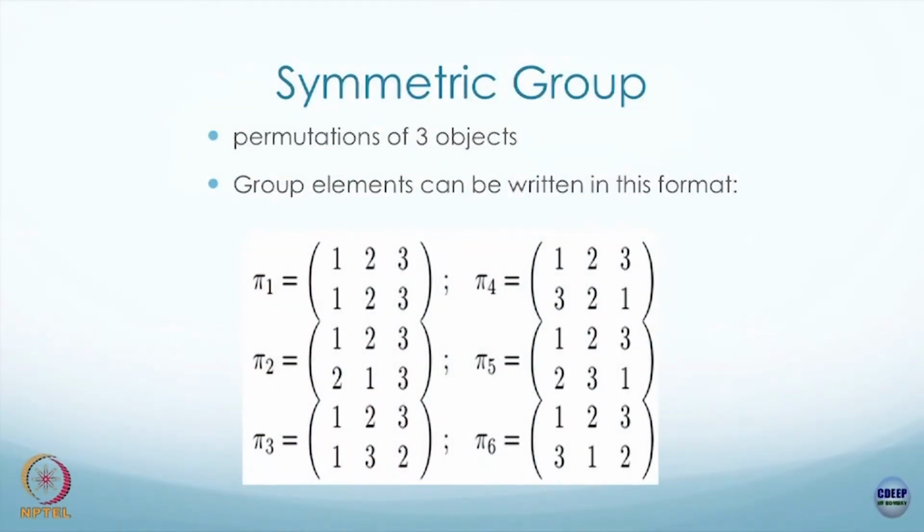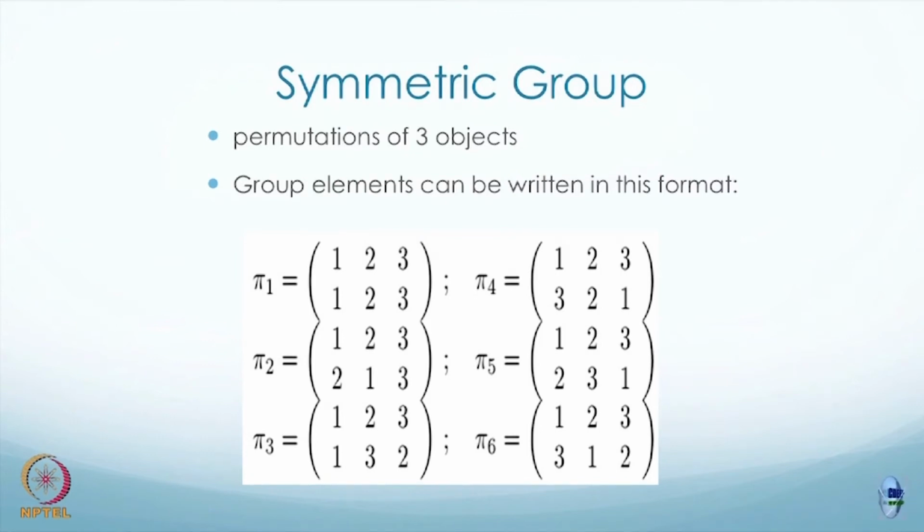Pi 1 is an identity element, pi 2 exchanges 1 and 2, that is also consistent with what I did. Pi 3 is 2 and 3, and pi 4 is 1 and 3. So, the pi 3 and pi 4 has to be exchanged. Pi 5 is 1 becomes 2, 2 becomes 3, 3 becomes 1.